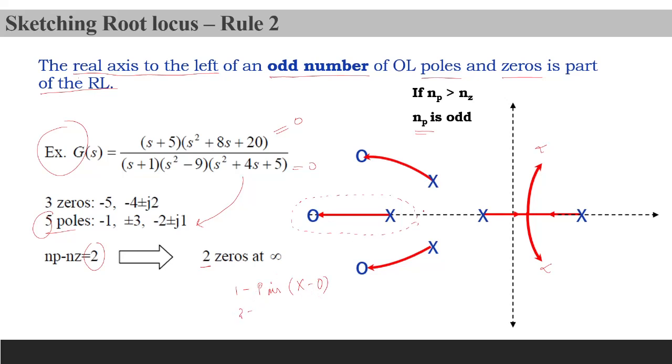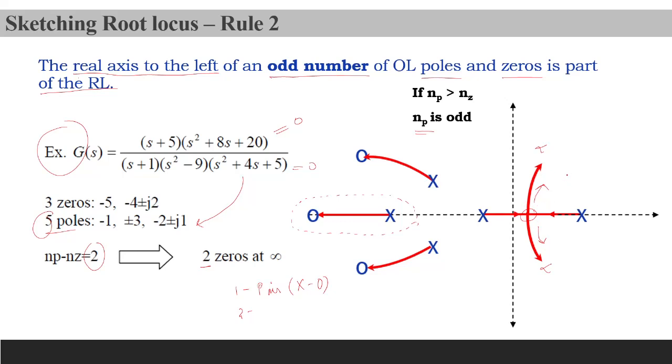And the second rule is the direction and asymptotes, right? So you can see these asymptotes. You can see that this pole is moving towards a certain point, and then it's moving upwards towards infinity, and this pole is moving towards this point, and then it's moving downward towards infinity.